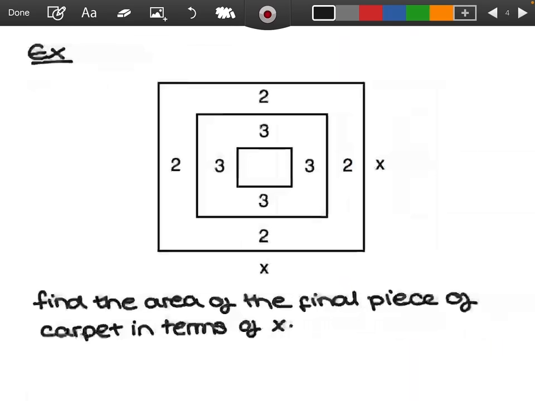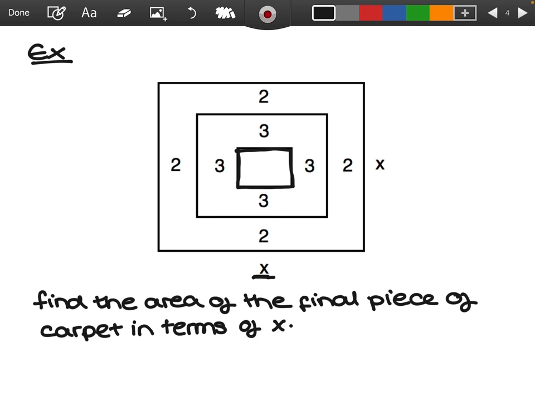So what he has done is he's taken a carpet that is x feet long and x feet wide, so it's a square carpet, and he wants to know, okay, if I trim off 2 feet from each side, so 2 feet from every single side, and then 3 additional feet from every single side, what is the area of the carpet that I am left with in terms of my original length and width x?